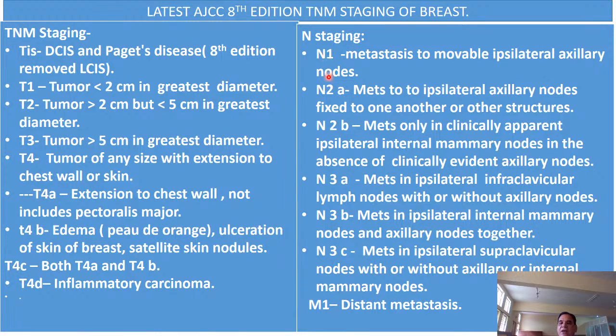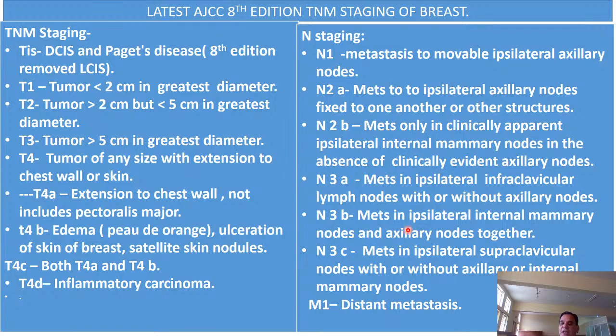N staging. N1 metastasis to ipsilateral, that means same side, lymph node. Metastasis to axillary nodes and fixity. Fixity will make it N2A. Only clinically apparent internal mammary nodes, clinically evident axillary absent, N2B. N3A, ipsilateral infraclavicular lymph node, they also go for a higher malignancy.